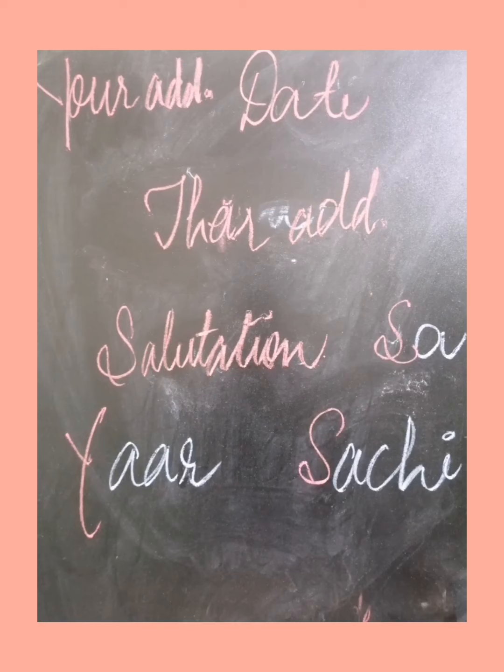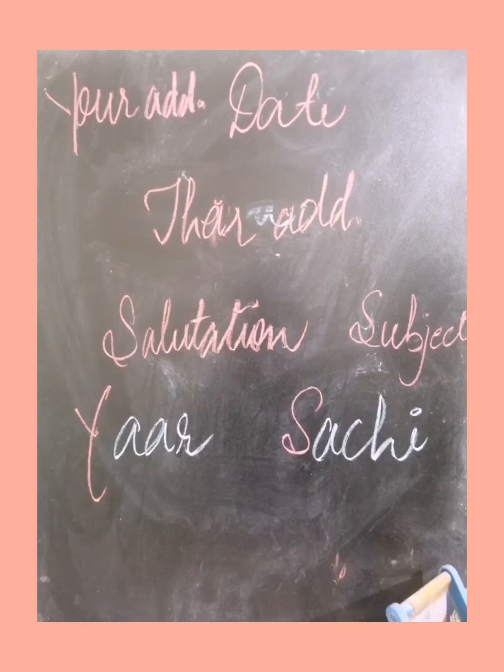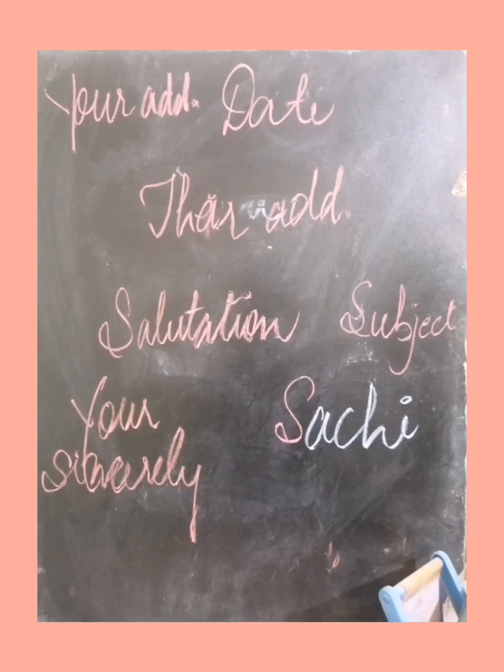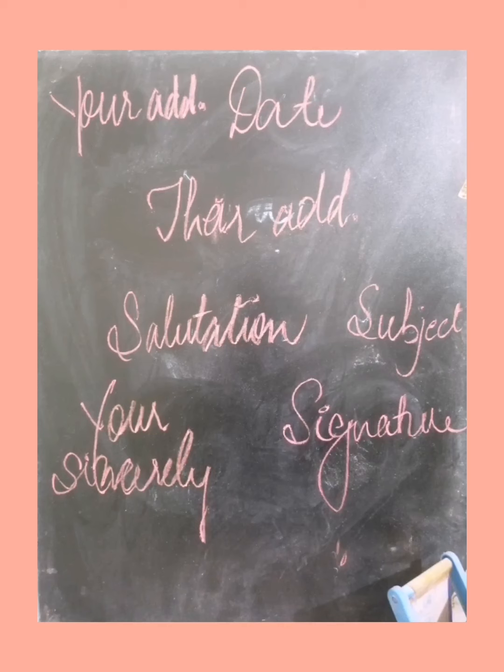So first your address, then date, then their address, and then salutation. Now S for sa will be subject. Now Y from the word yaar will be yours sincerely. Now the last is sachi, in which the S will stand for signature. So the format is like your address, then date, then their address, then salutation, then subject, then yours sincerely, and then signature.